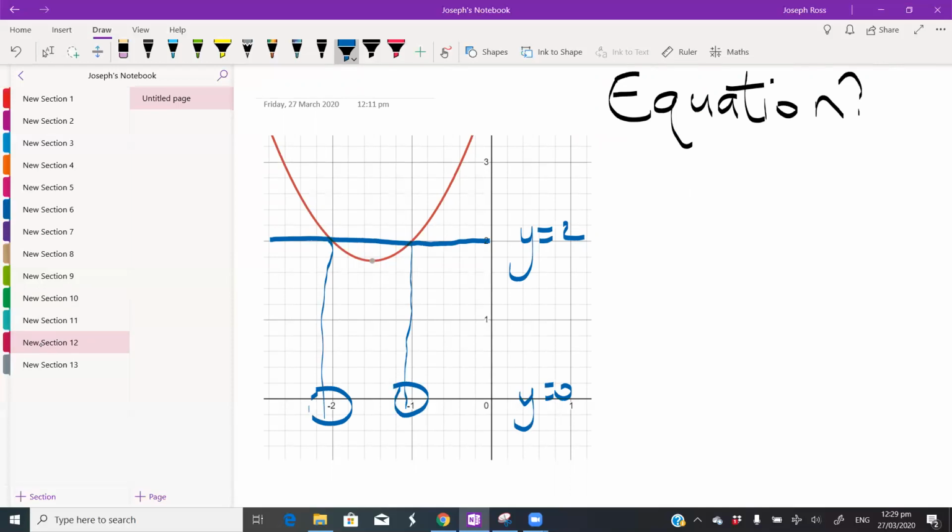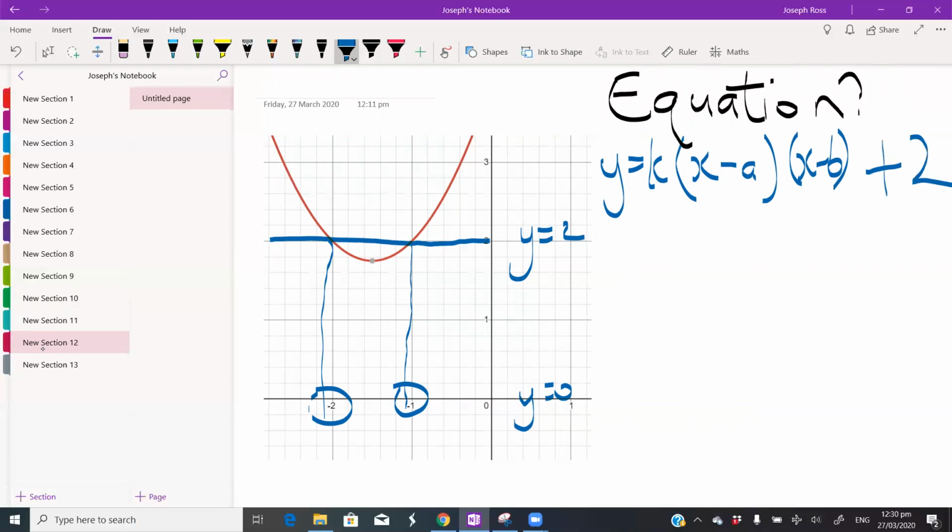So since it's intercepting a horizontal line at 2 points, we can use the equation y equals k(x minus a)(x minus b) with a modification. Instead of intercepting the line y equals 0, it's intercepting the line y equals 2, which means we need to throw a +2 onto the end there.